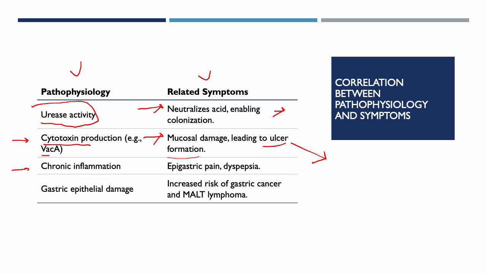And we can identify chronic active gastritis with gastric biopsy. And then gastric epithelial damage. Essentially, long-term inflammation leads to atrophy, leads to metaplasia and dysplasia. It is often quite silent, but late signs will include, for example, anemia and weight loss.